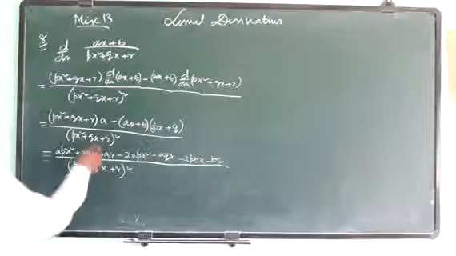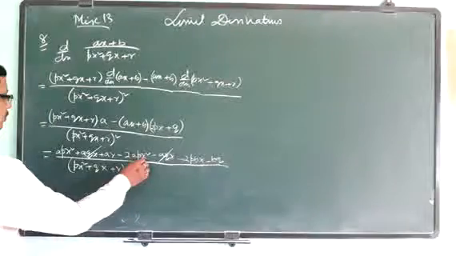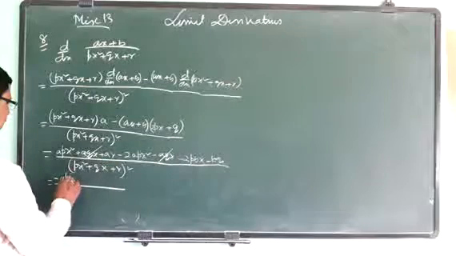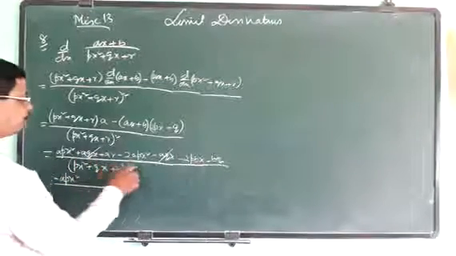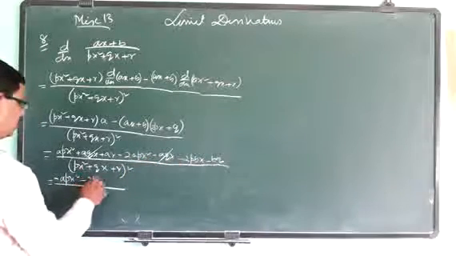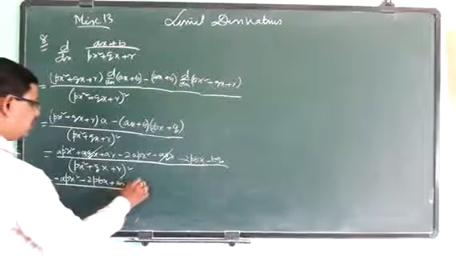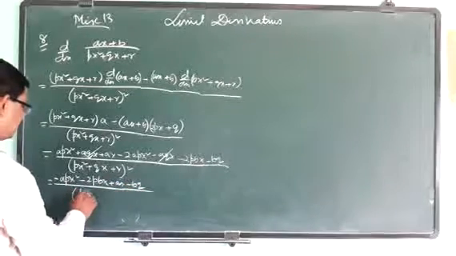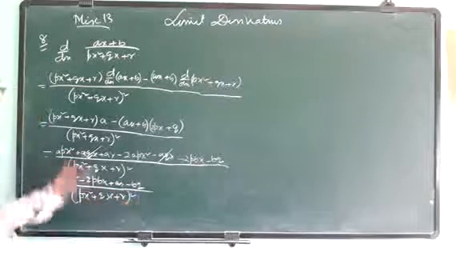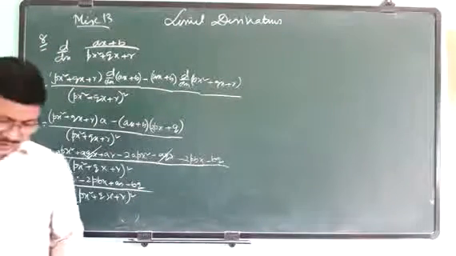Now we can cancel aqx, and these two we can minimize a little, and this will be apx square minus this one. Now ar and this one, this will write later, twice pbx and plus ar minus bq, those things divided by px square plus qx plus r whole square. So this is our answer of this question number, that is A.